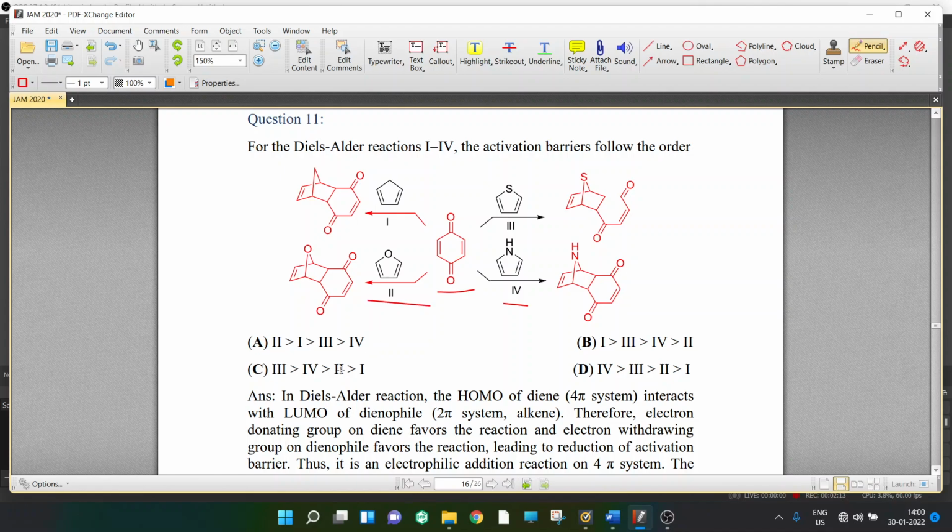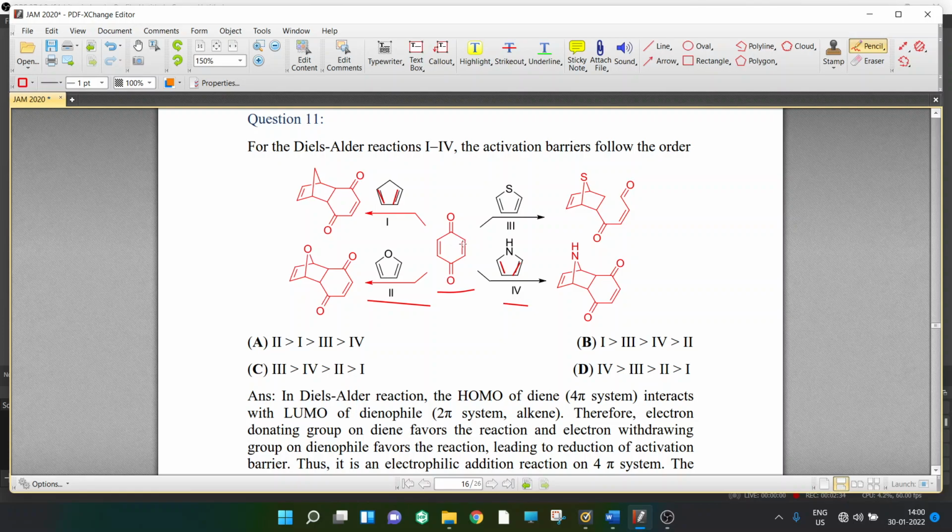So diene, as the name suggests, means two alkenes which are conjugated, next to each other. See here there is one alkene, there is another alkene. Similarly, if you look here also, we have this alkene and this alkene. All others are similarly dienes. And this is the dienophile.